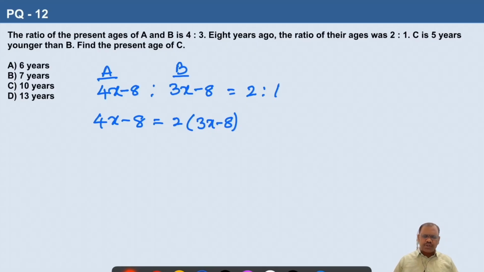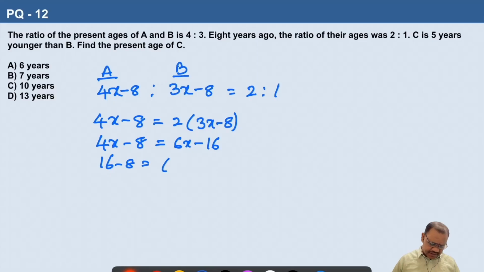So A is 2 times of B. Simplified, 4x minus 8 is equal to 6x minus 16. 16 minus 8 is equal to 6x minus 4x.